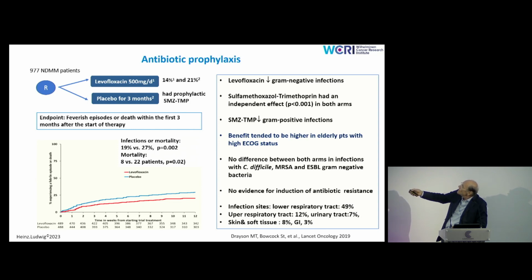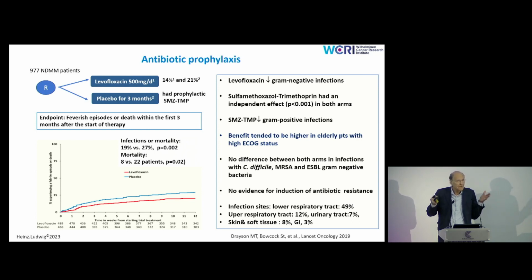So when you look at the details of the paper, you have a significant reduction of gram-negative infections. With Bactrim, you have a significant reduction in both arms, and particularly regarding gram-positive infections. And the benefit was greatest in frail patients, in elderly patients.